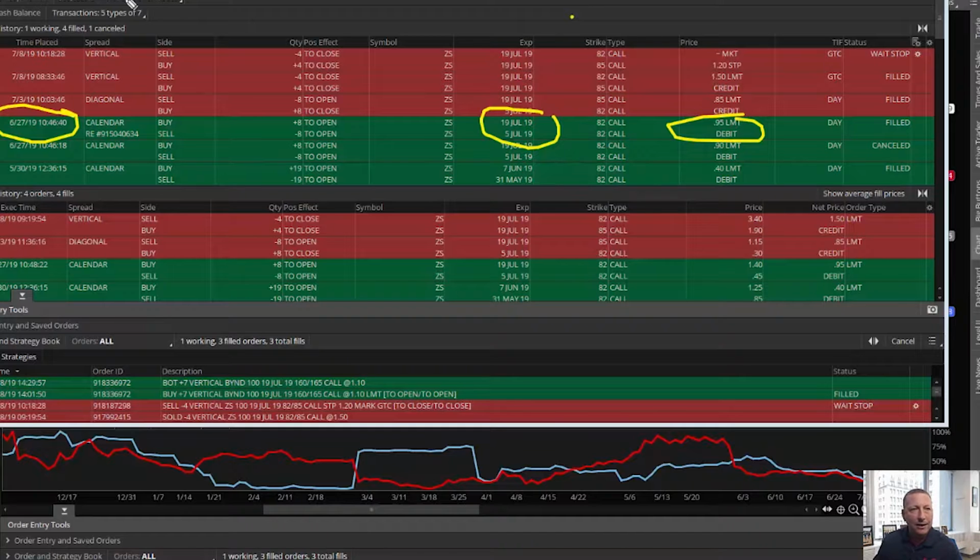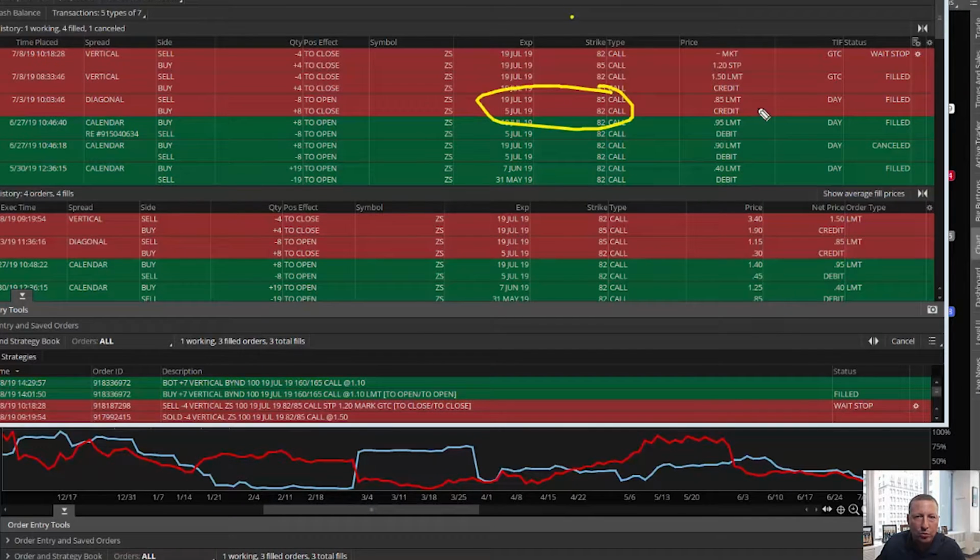So what did I decide to do? Well, because premium had actually gone up a little bit, I decided to roll out our position, the best risk adjustment we could make. So I covered our short July 5th call and sold, as you can see here, the July 19th 85 call. Here's that transaction right here.